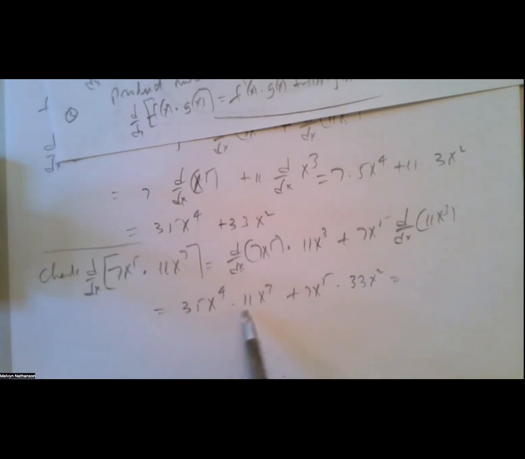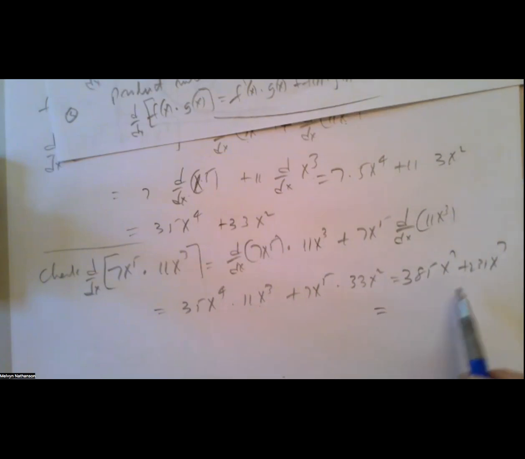So what we have is 35 times 11. That's 385 x to the 4th times x cubed is x to the 7th. 7 times 33, 231 times x to the 7th.